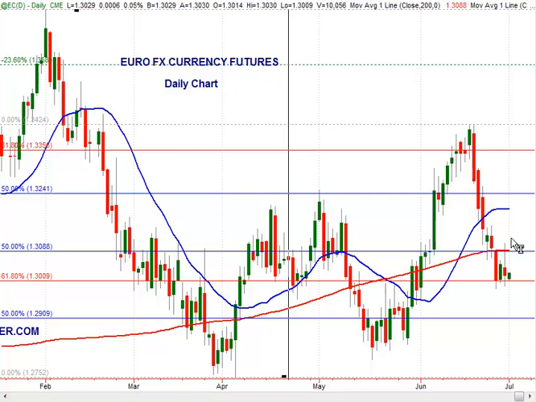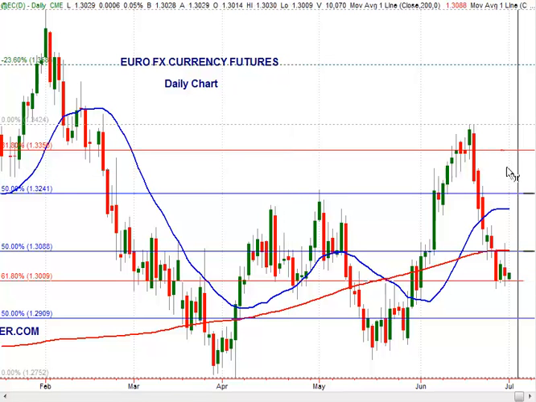So it's still possible that we go much higher, and maybe we go and test this 132.41, and potentially we move higher into this 133.55, so we could actually move in the area between 132.40 and 133.50 again.